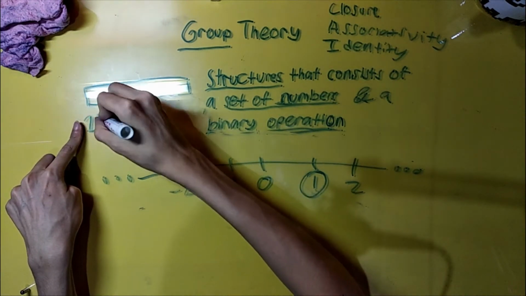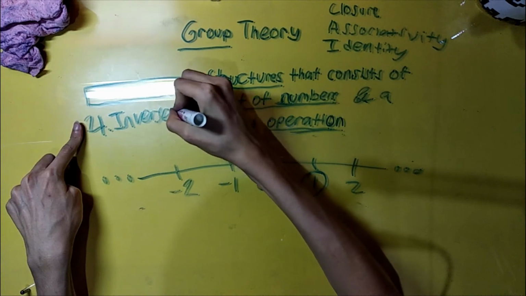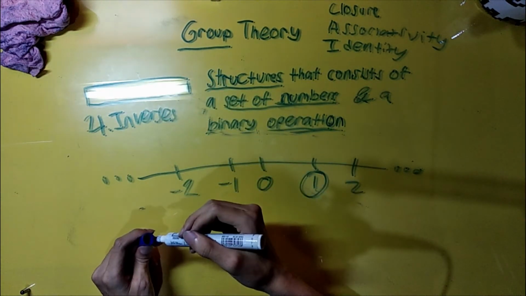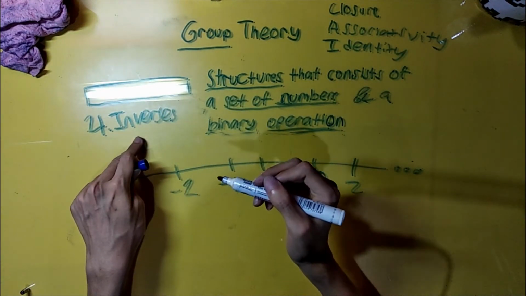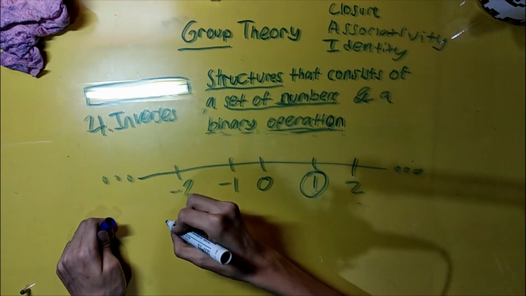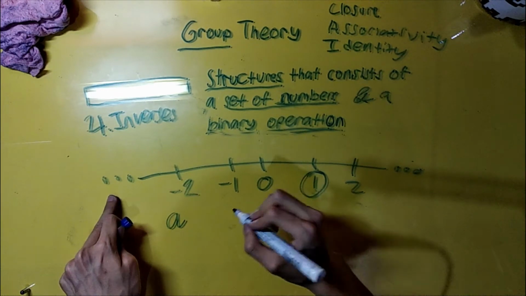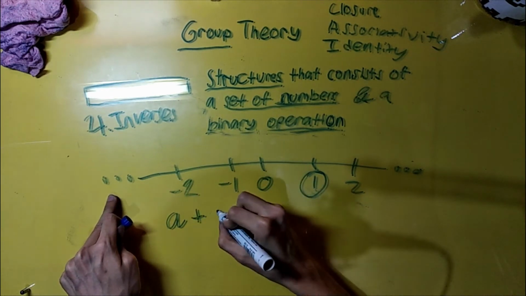Fourth one, and the final one, is inverses. What do I mean by inverses? What I mean by inverses is if you take any number from this set over here, and we'll call that number A, then there must exist an element known as A inverse.